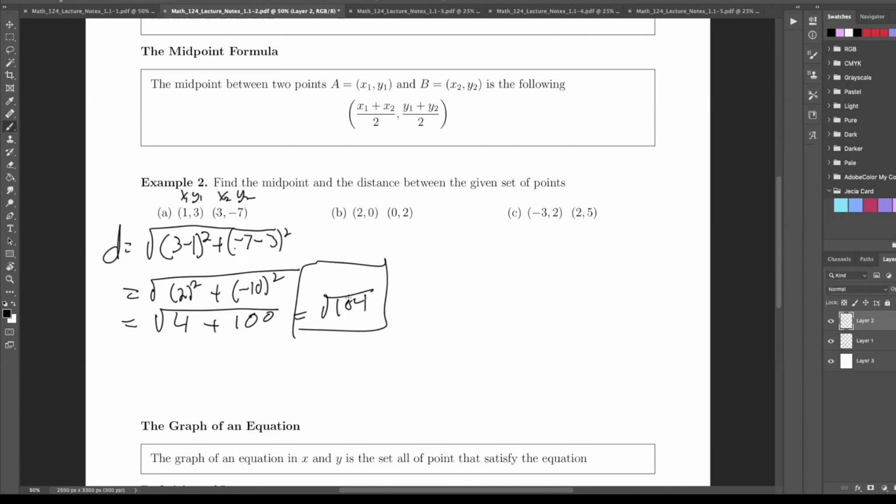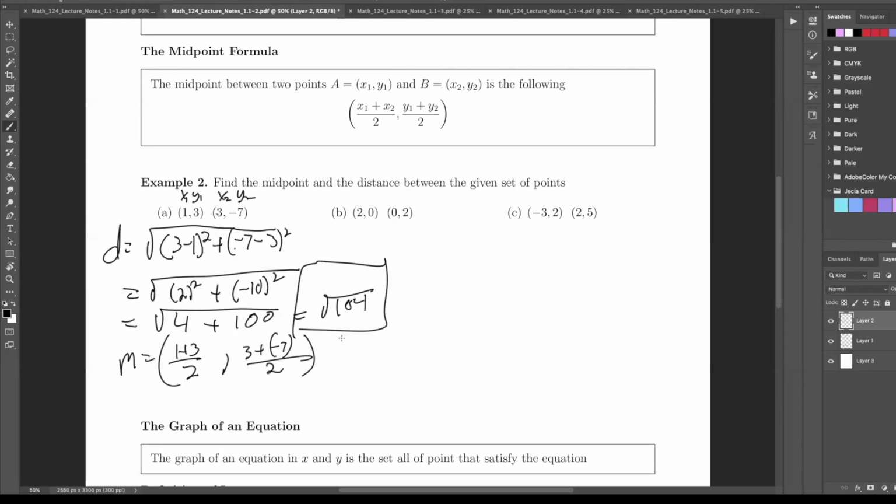Okay, once you get to square root, leave it for that. Now the midpoint: define the midpoint. In order to do that, we're going to use this formula right here. So the midpoint will be x1 plus x2, so this will be 1 plus 3 divided by 2, comma, and then 3 plus a negative 7 divided by 2.